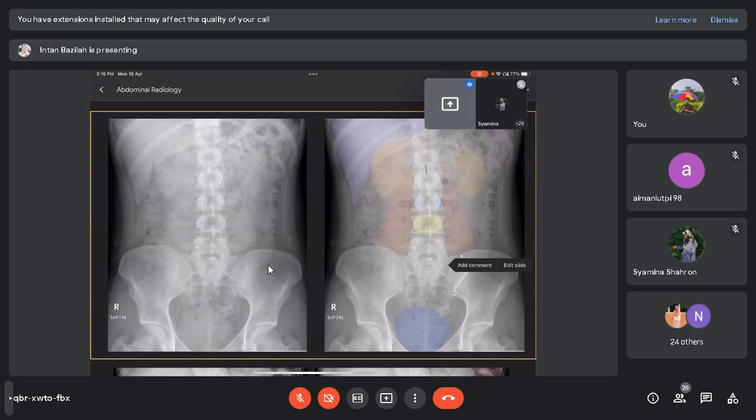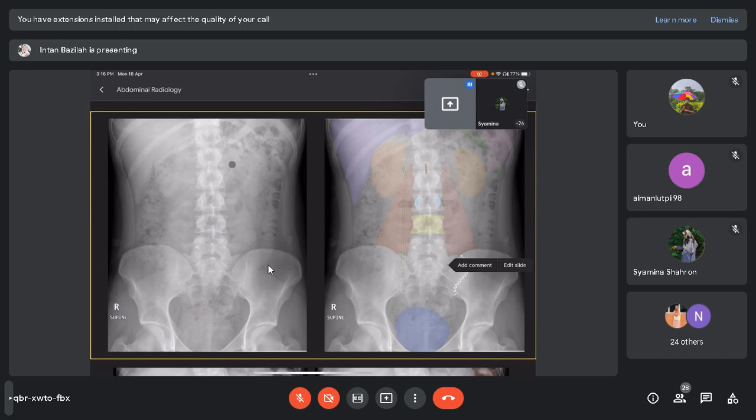Right. So after finishing looking at the kidney, renal shadow, ureteric course and the bladder, you look at the psoas shadow, the red one. You can see the margin really well.